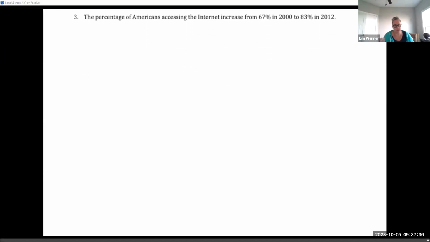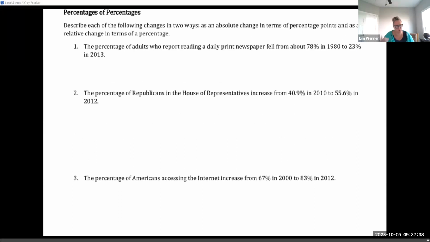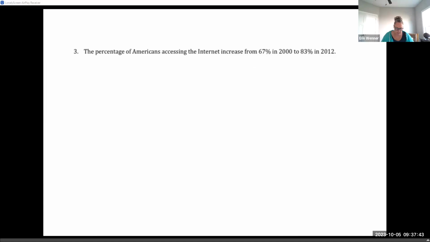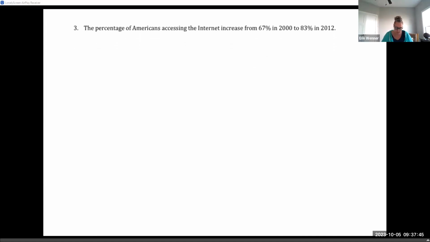It says the percentage of Americans accessing the internet increased from 67% in the year 2000 to 83% in the year 2012. So we want to first calculate what the change is in terms of percentage points. And all of that is just converting the two values, okay?